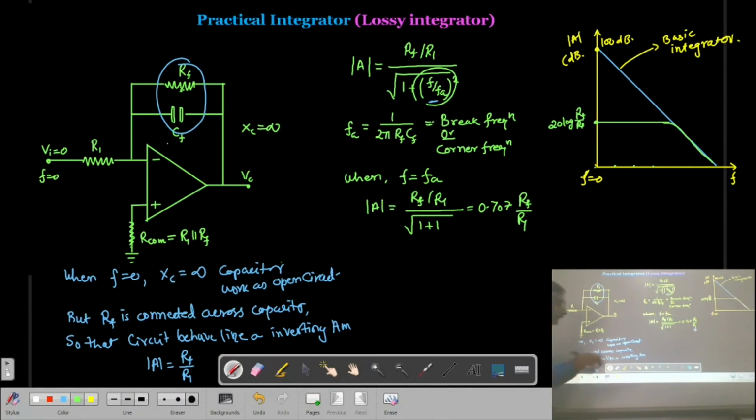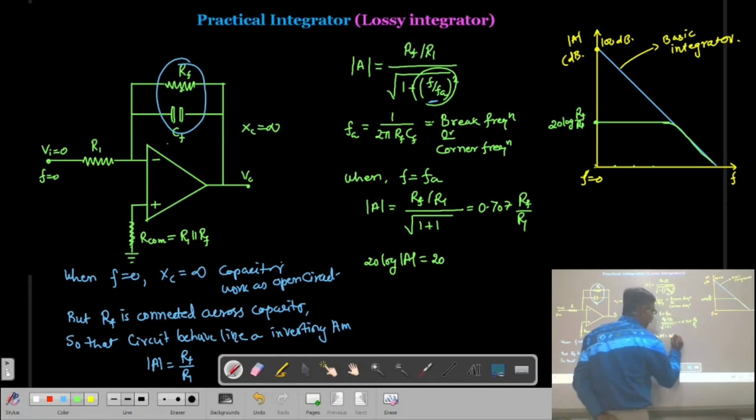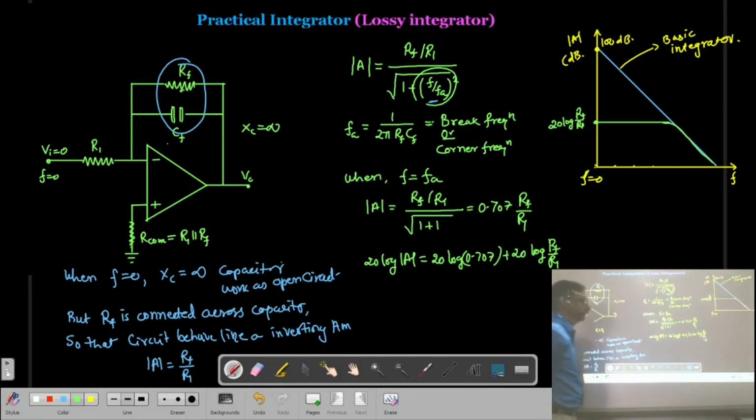Okay? And if we calculate in dB, then 20 log mod A is equal to 20 log 0.707 plus 20 log Rf by R1.